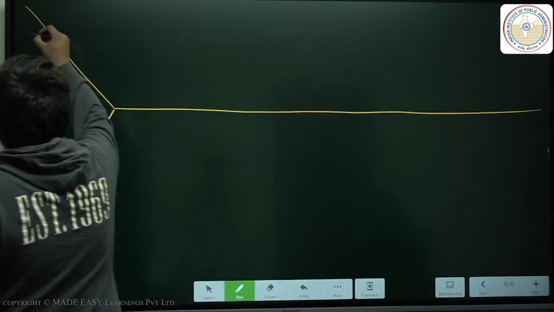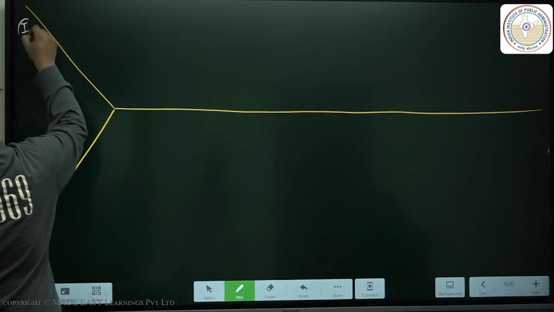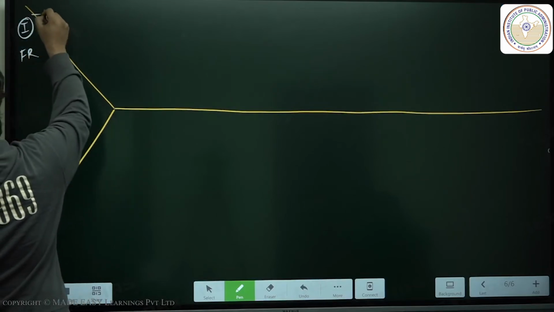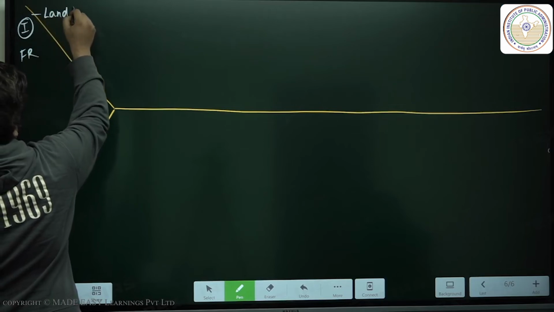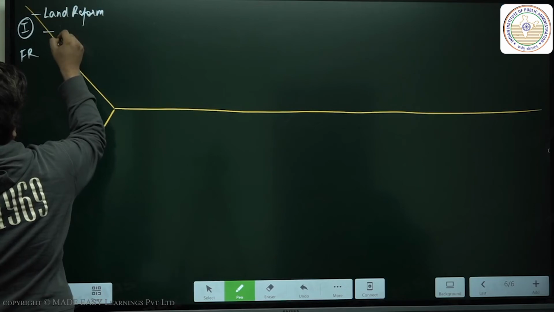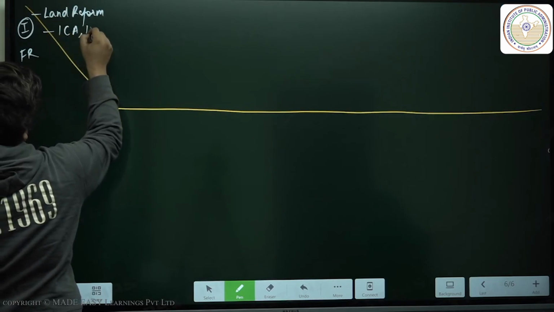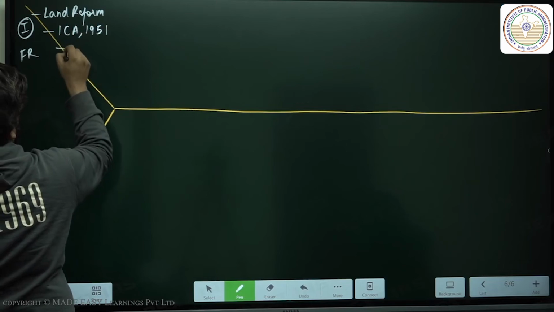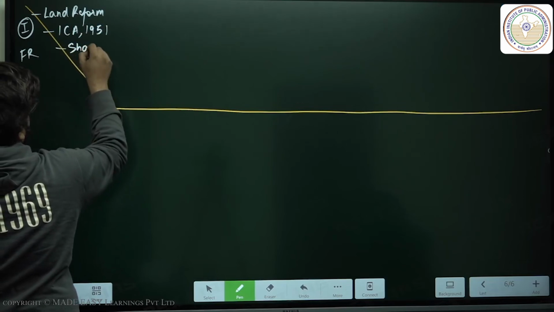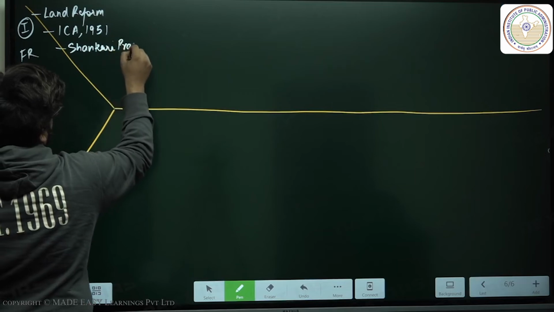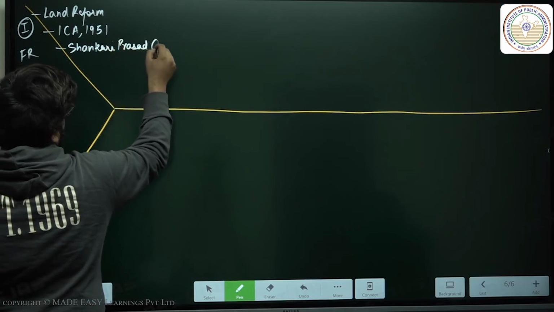So story number 1, we discussed this yesterday on fundamental rights. Starts with land reform, then the first constitutional amendment of 1951, then Shankari Prasad (1951).